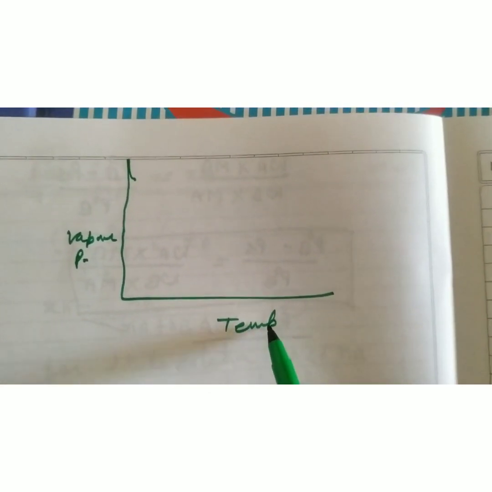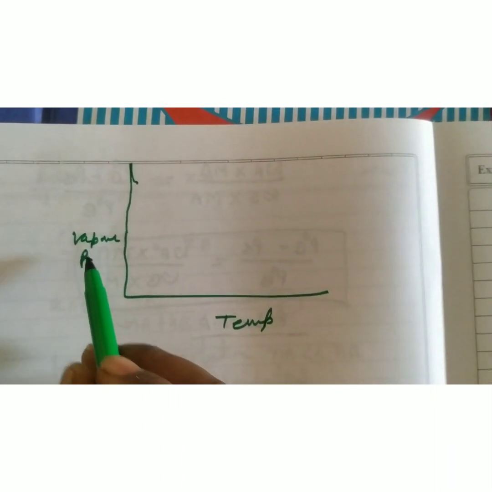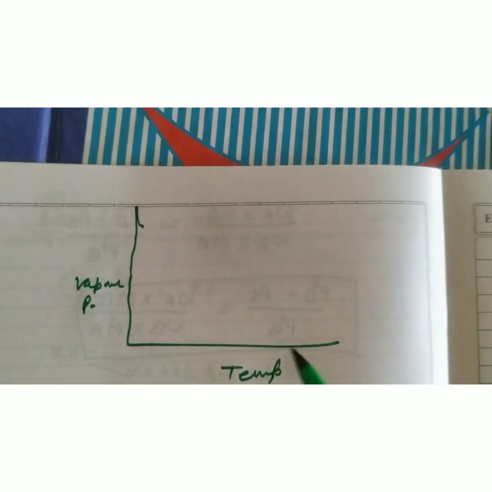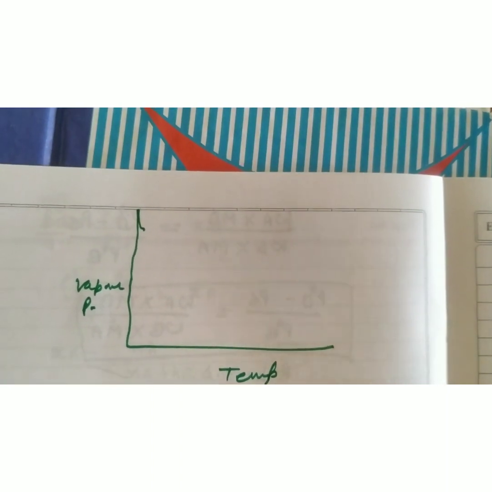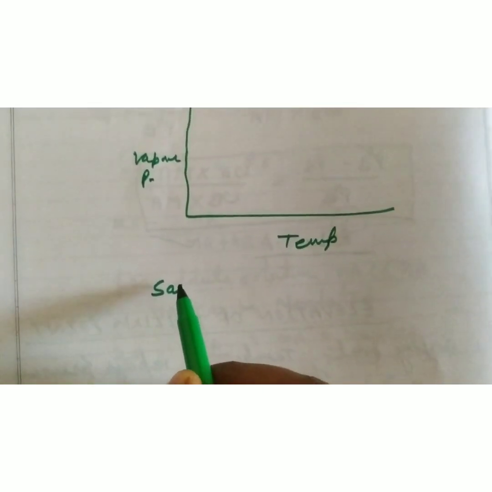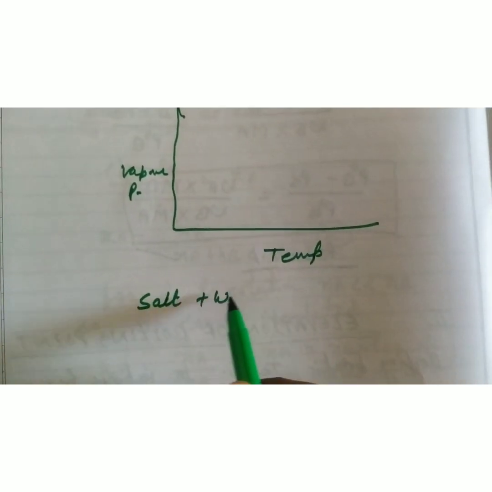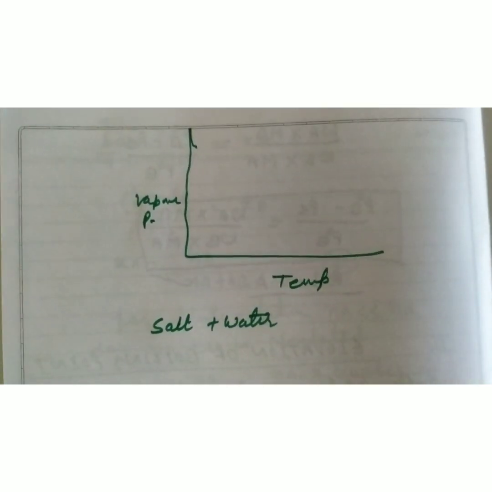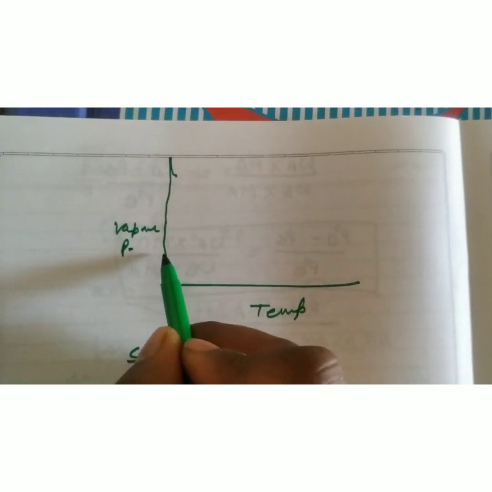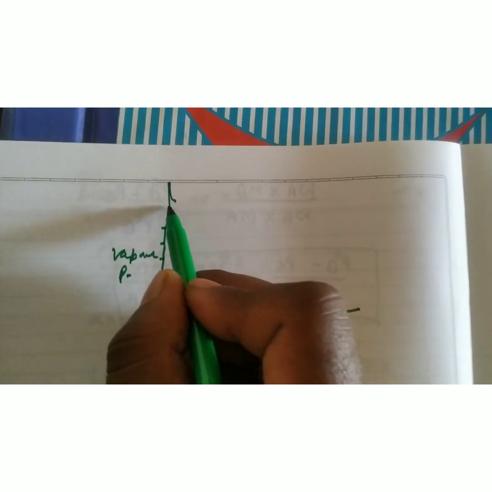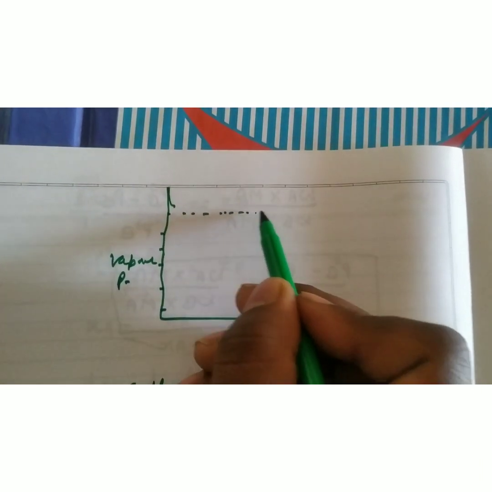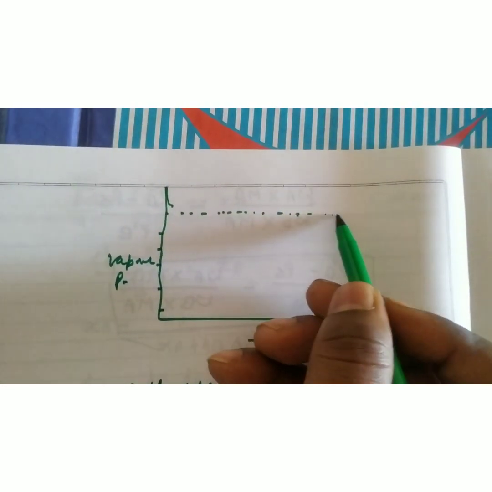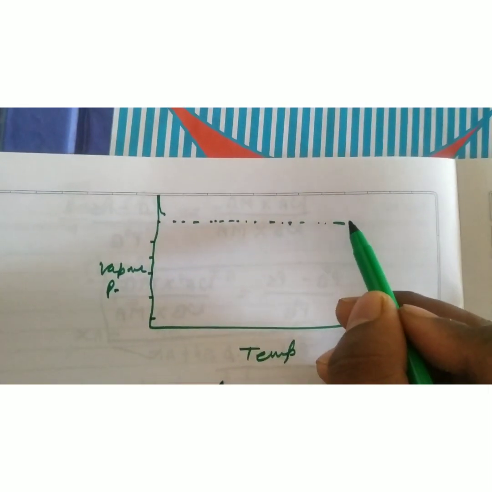We are going to plot a graph between vapor pressure versus temperature. Suppose in case of water, we are mixing salt plus water. Clear? Suppose this is the amount of pressure. Suppose this is the vapor pressure of water. This is the atmospheric pressure.